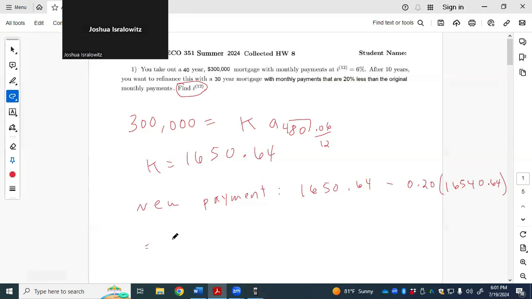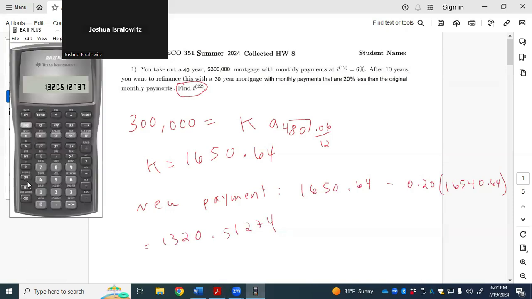So this is 1320. Actually, yeah, I do need this, so no harm in just storing stuff. So we call the payments, store this here.